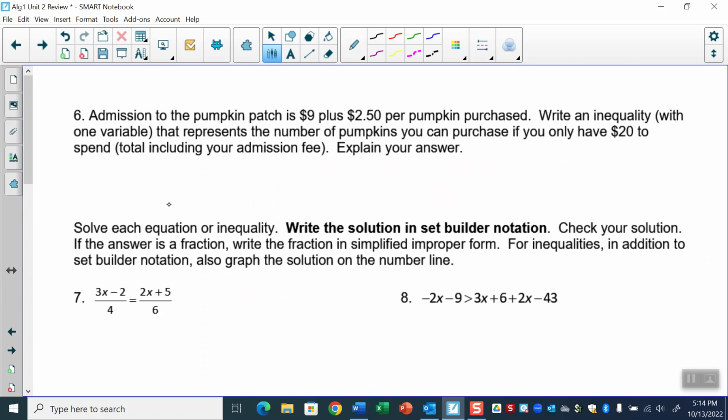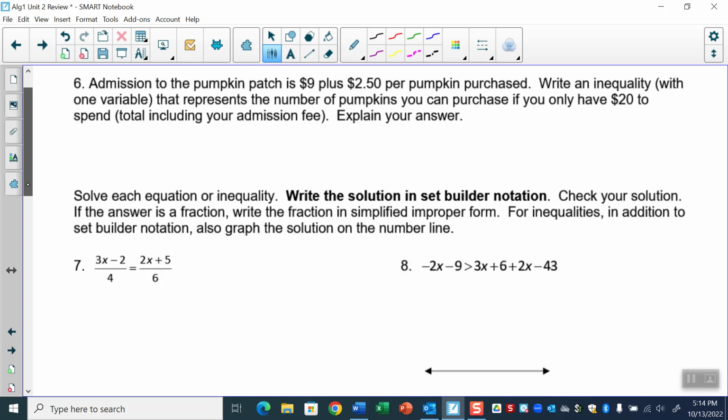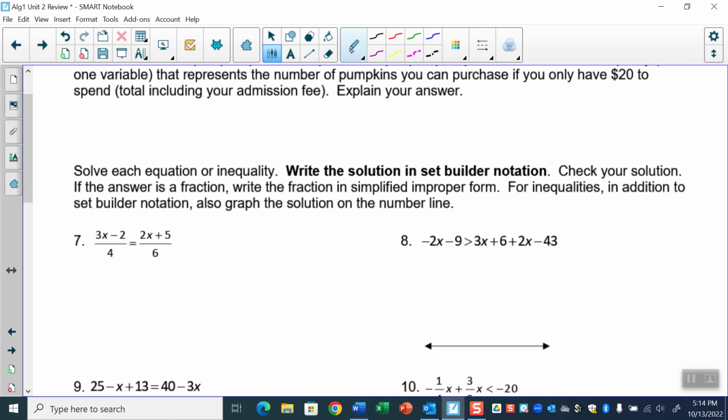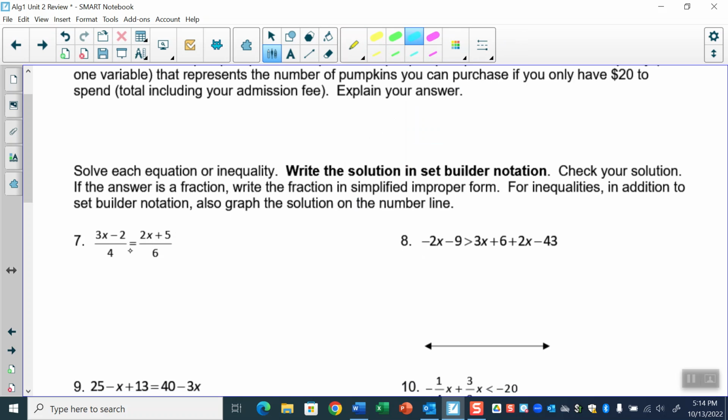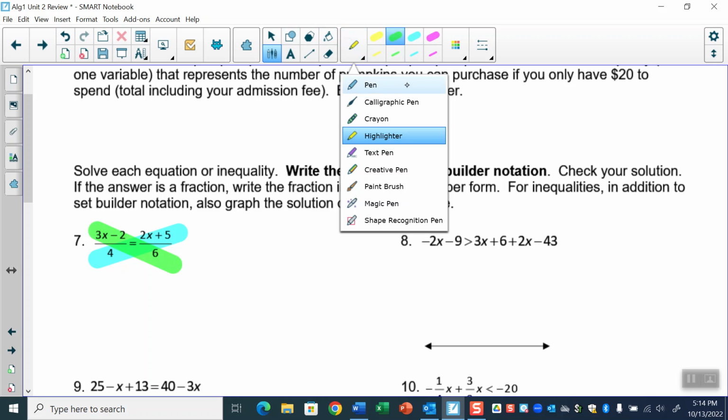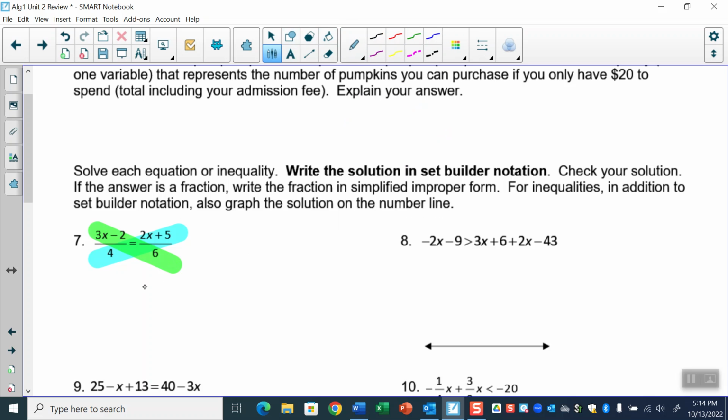Okie doke. So number 7, I am going to solve this equation. I'm going to do the butterfly multiply. So I'm going to multiply these two together, and I'm going to multiply these two together and write an equation.